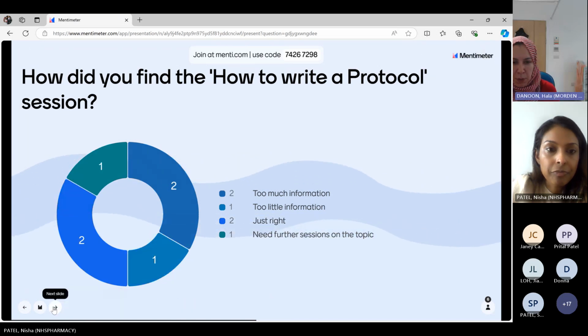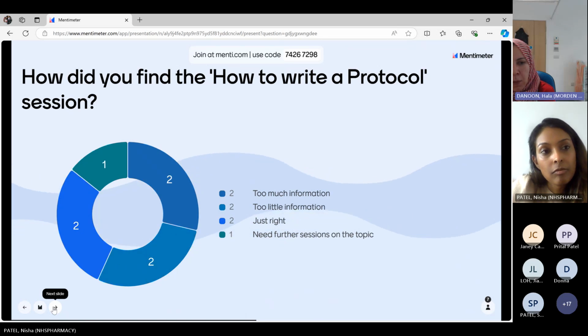It might be worth doing a small face-to-face session at some point where we can see how else we can address writing a protocol.